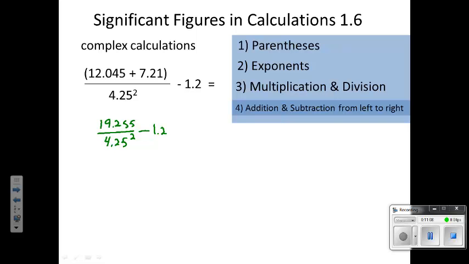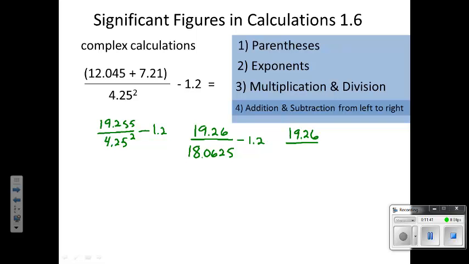Significant figures tells me that I have to drop the 5, right, because the hundredths place is significant on 7.21, and I have to drop the 5 and round up to 19.26. And then 4.25 squared, if I put that in my calculator, the number that I get is 18.0625. And now I need to round that one off to the correct number of significant figures.